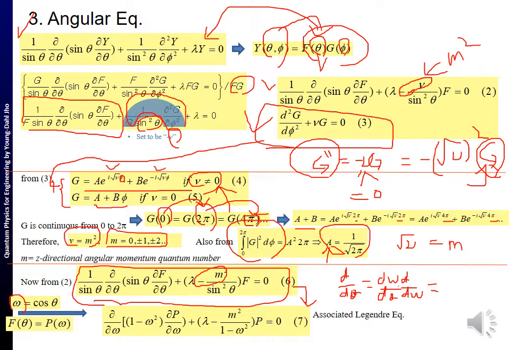Since w is set to be cosine zeta, it is minus sine zeta d zeta. So you can easily divide both sides like this. This goes to the left, and you ignore this part for now. Then you get the 1 over sine zeta here.